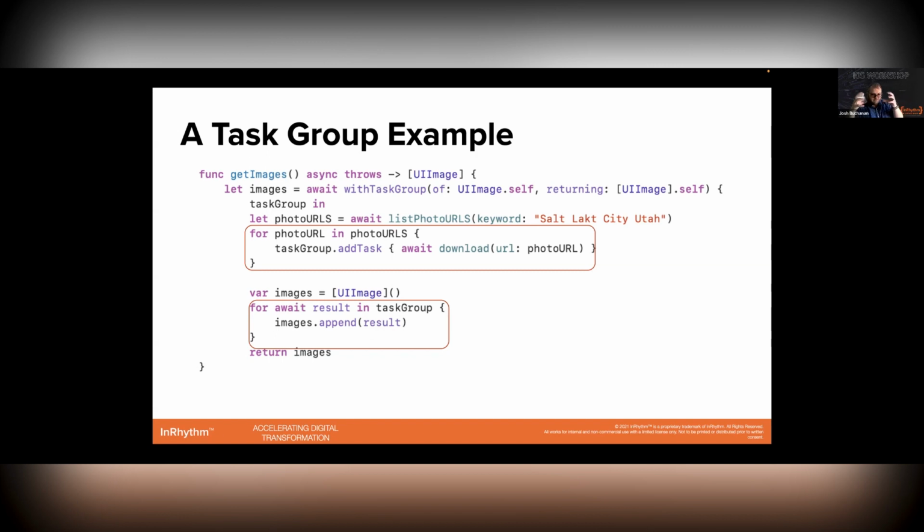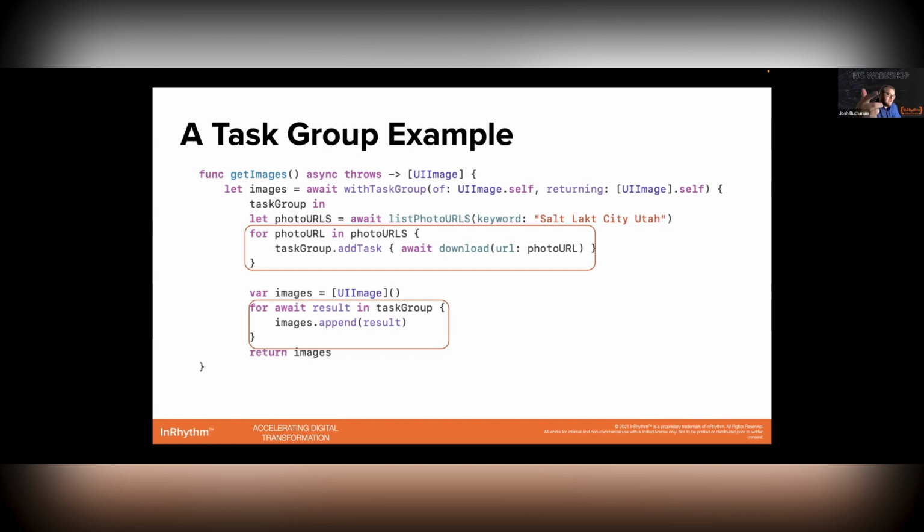Once that URL comes back, we download the image, we convert that to a UI image. That result now becomes part of our task group. So your task group.add task, there in the middle is where we take that UI image that's coming out of our download function and put it back into our task group.